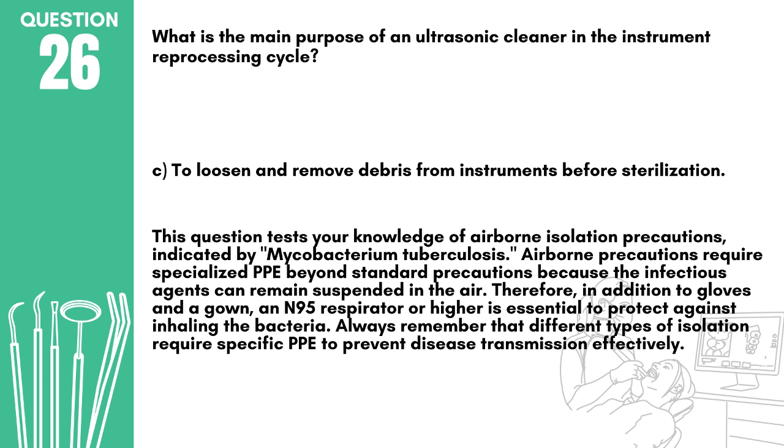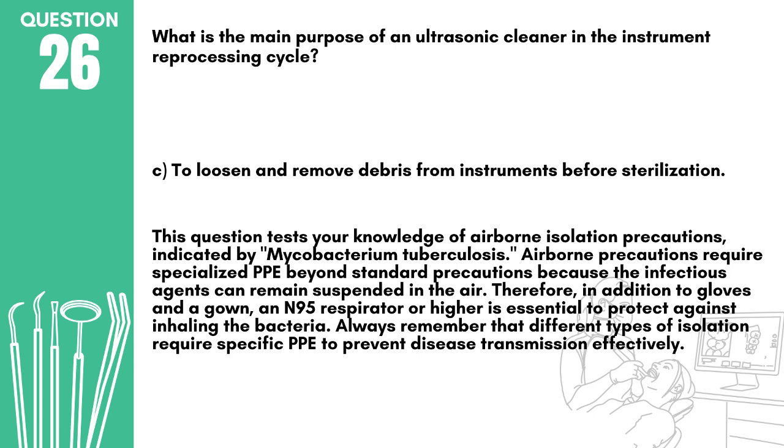This question assesses your crucial knowledge of instrument processing, specifically the role of an ultrasonic cleaner. The keywords "main purpose of an ultrasonic cleaner" and "before sterilization" are key clues. The ultrasonic cleaner uses sound waves to create microscopic bubbles that implode, called cavitation, effectively loosening and removing debris, blood, and tissue from instruments.